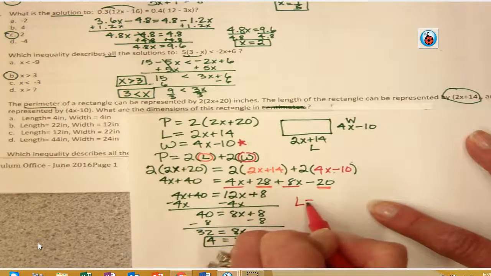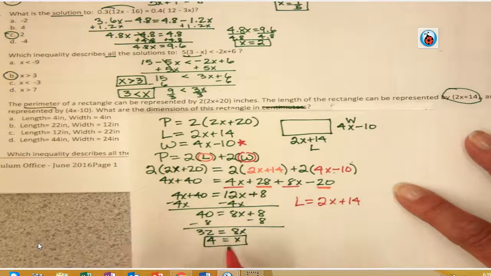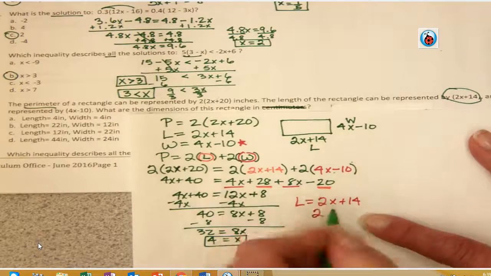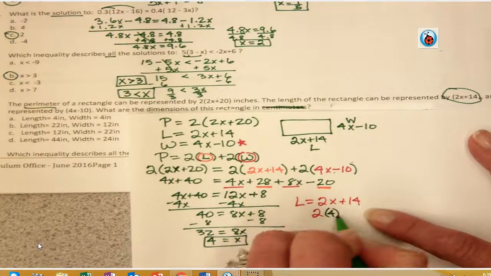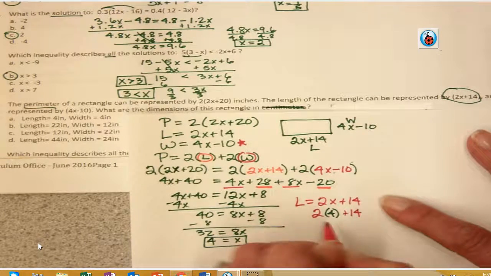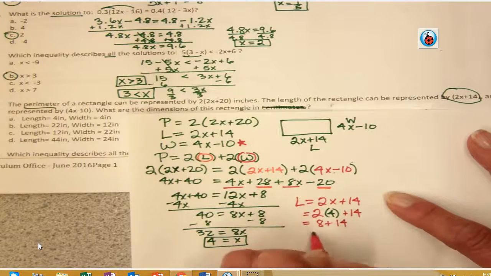My length is 2x plus 14. I'm going to throw my x in there, so I get 2 times 4 plus 14, and I get 8 plus 14. The length equals 22.